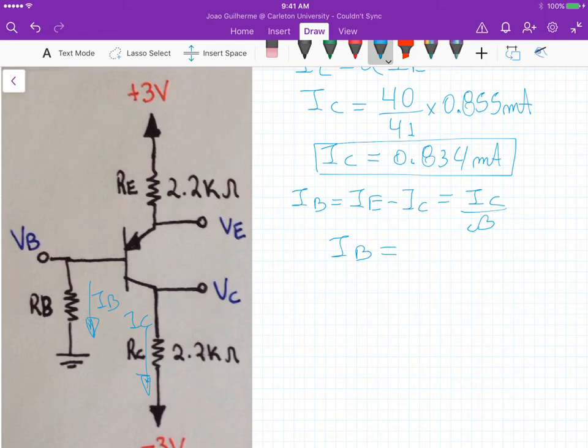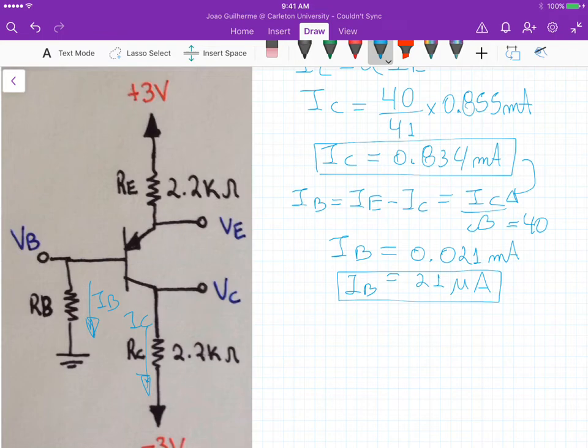If we plug in the values of IC here and beta equal to 40, we get a current at the base that is 0.021 milliamps or 21 microamps. So now we have all the currents that we need: the emitter current, the base current, and the collector current. So we can start calculating the voltages that we need to define for this problem.